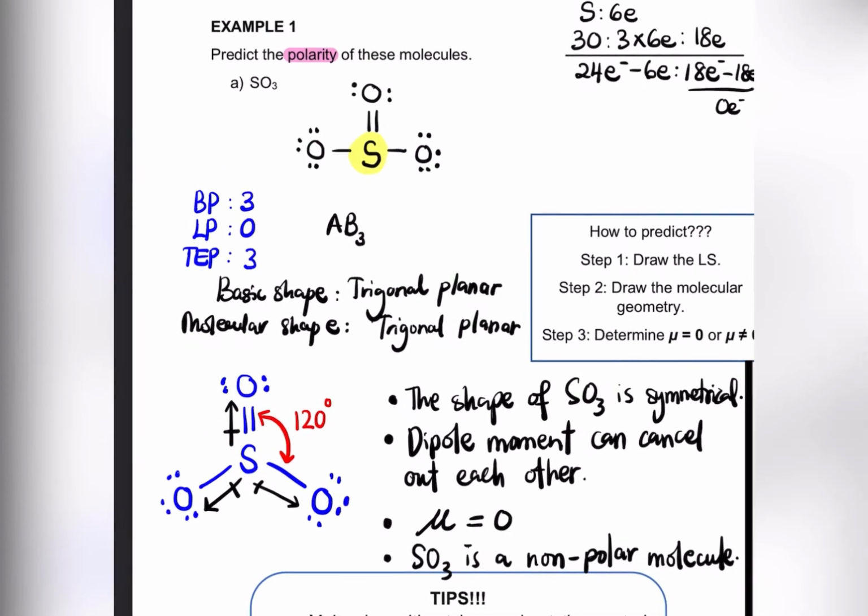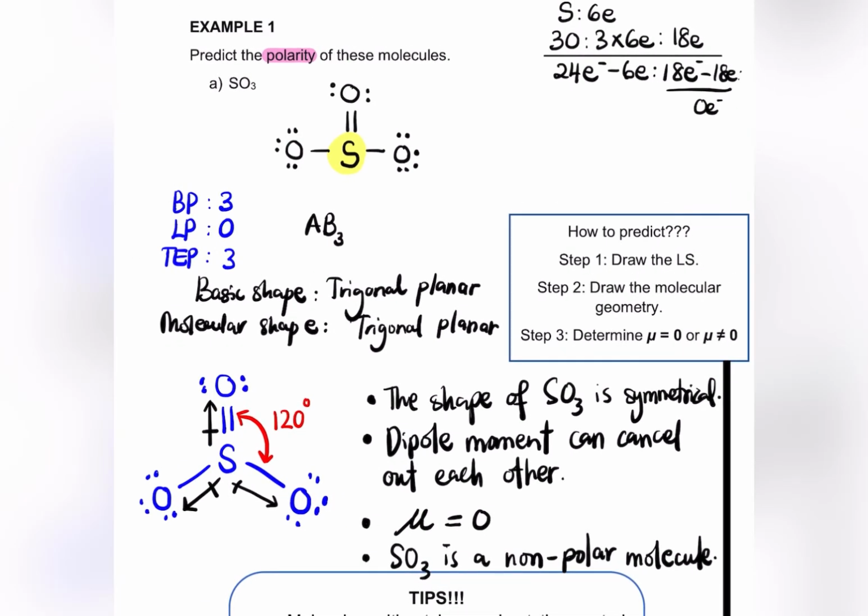So I hope you are clear on how we use it from start to finish. We use the knowledge we learned: draw the Lewis structure first and then determine the molecular geometry, and after that see which one is most electronegative, draw the direction of dipole moment, determine the shape, which ones can cancel out each other, and whether your mu equals 0 or not, and the final one, the conclusion, whether that molecule is a non-polar molecule or polar molecule.